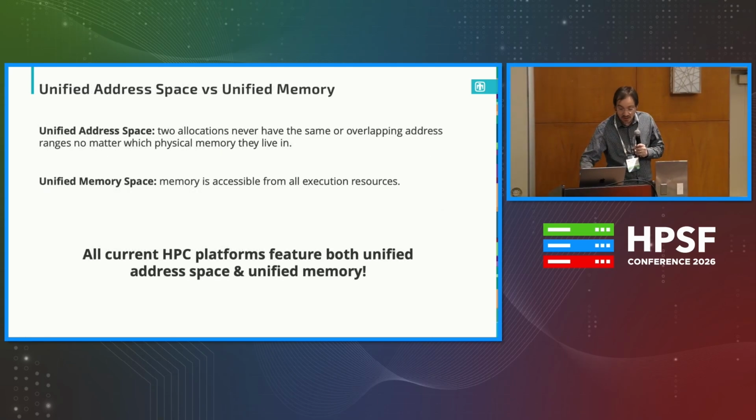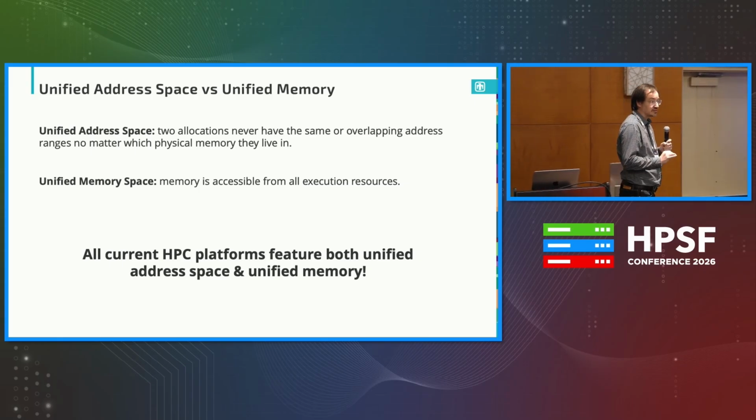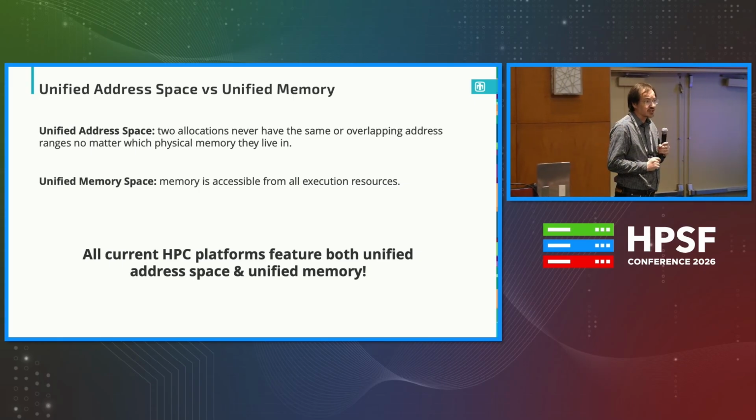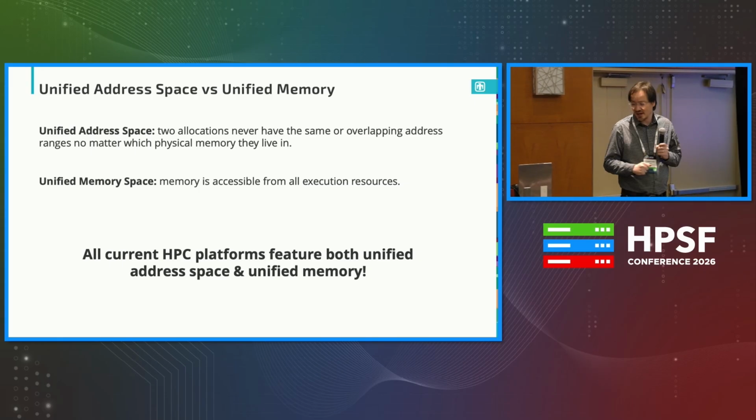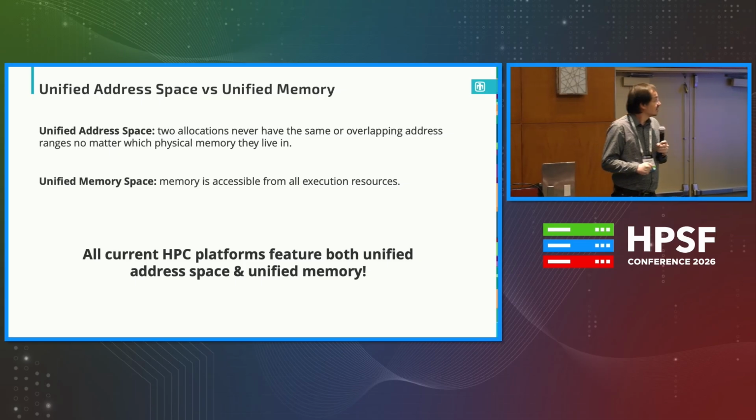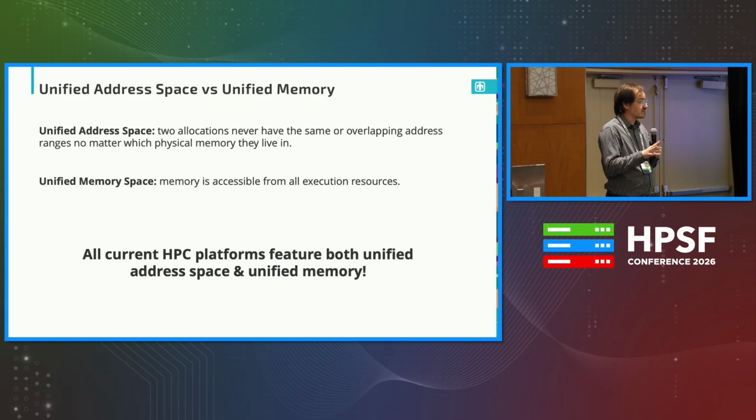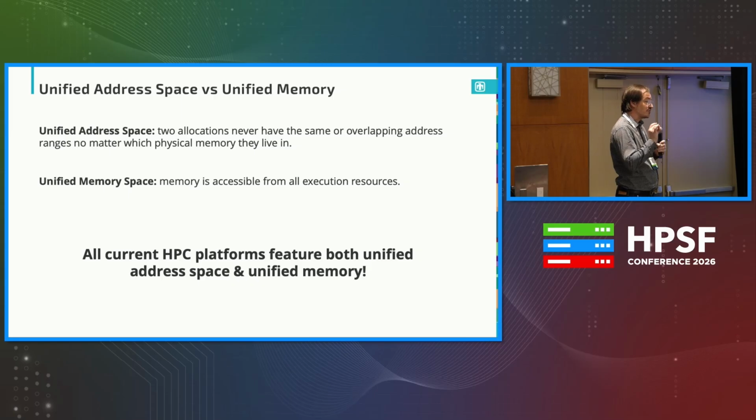Now, one thing I want to make clear is a confusion which has been flying around for a while. There are actually two things: there's unified address space and there's unified memory. Unified address space just means that you have unique addresses.